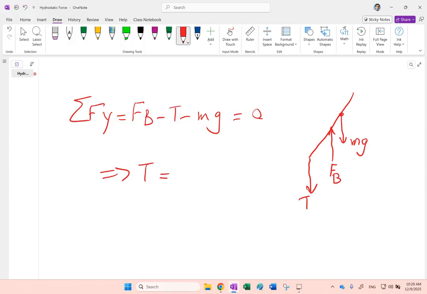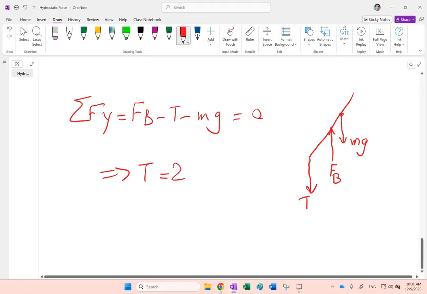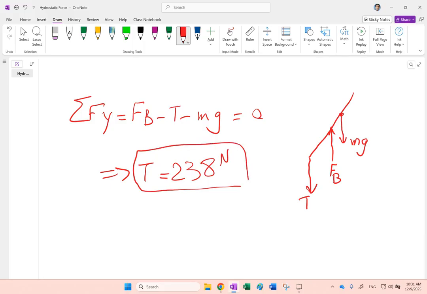Since mg is a fixed force and the buoyancy force you now have, because now you have the L displaced, you plug in everything and you should be able to find the tension force. So if you do it, it should be 238 Newtons. Okay, and that is your tension.